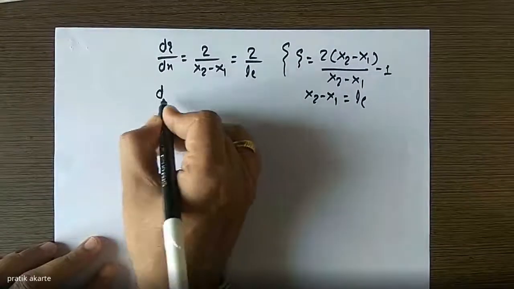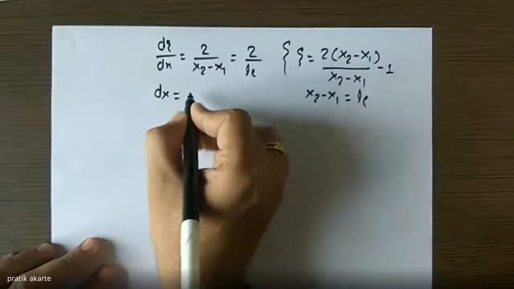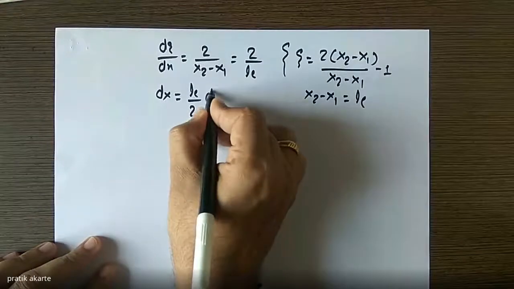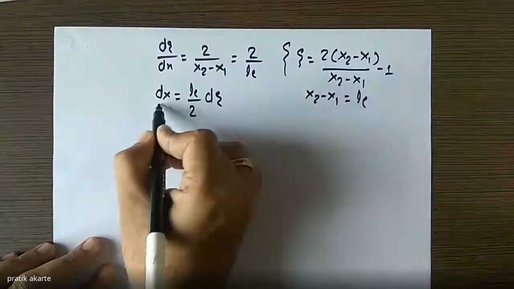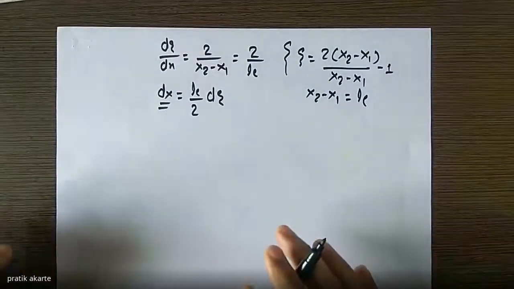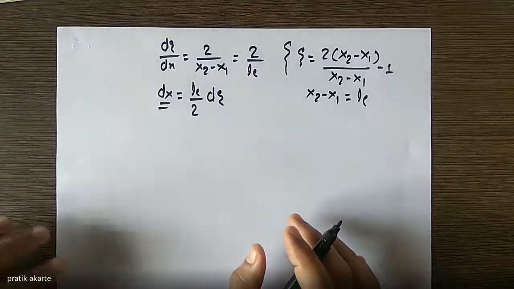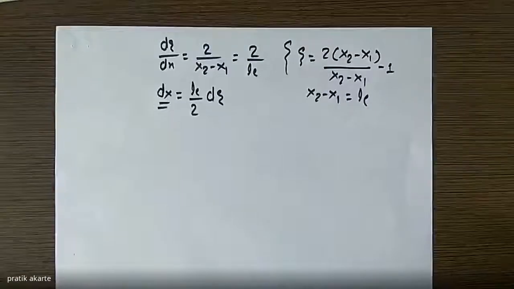To write it in terms of dx, dx is Le, the length of the element, by 2 into d zeta. Now you see why I wrote it this way: I have converted dx into d zeta. So put it into equation number 4.